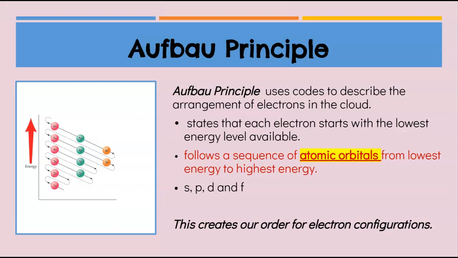So that just means we're going to start with our 1s, then we'll go to 2s, then we'll go to 2p, then we'll go to 3s, so on and so forth, okay? So the Aufbau principle just states that electrons are going to fill from the lowest energy to the highest energy. So we always start at the bottom with that 1s, and then we move our way up depending on how many electrons the atom is going to have. Okay, so Aufbau principle, we're always starting at the bottom.